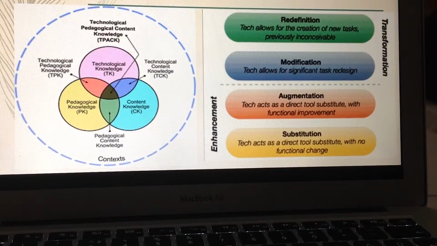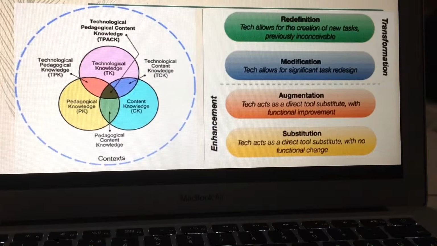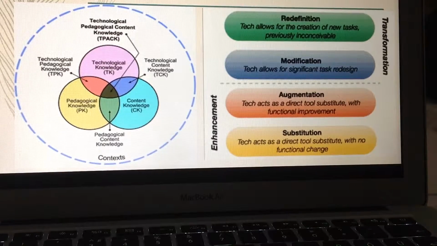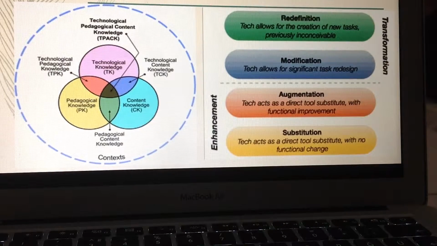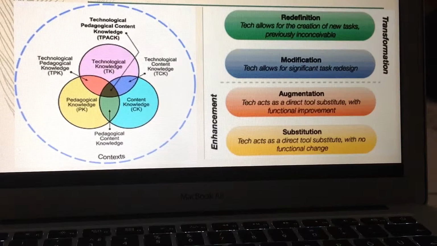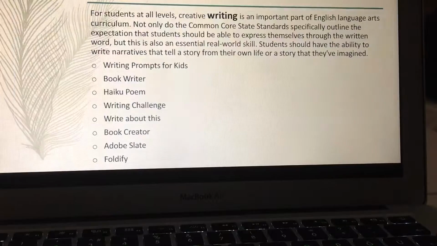And we can see in the second picture the substitution, augmentation, modification, redefinition model, created by Dr. Ruben Puentedura, which guides the process of reflecting on how we are integrating technology in our classrooms. The ultimate goal of technology integration is to completely redefine how we teach and learn, and to do things that we never could before technology was in our hands.